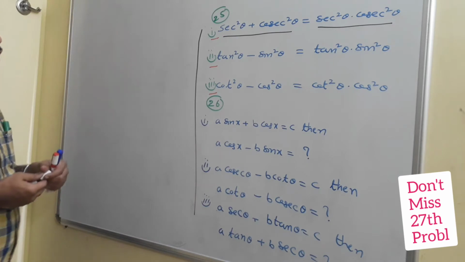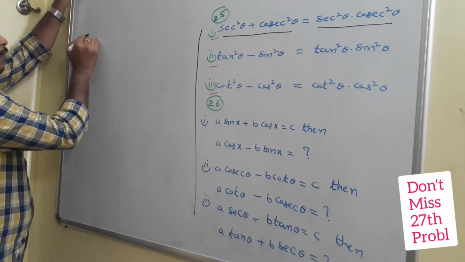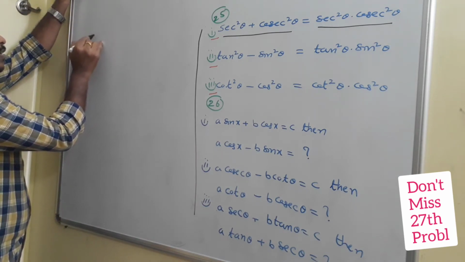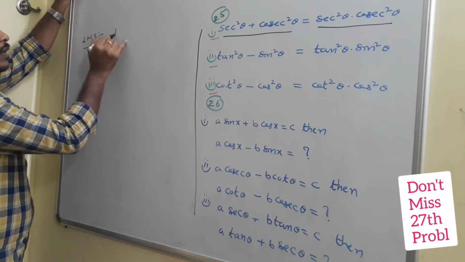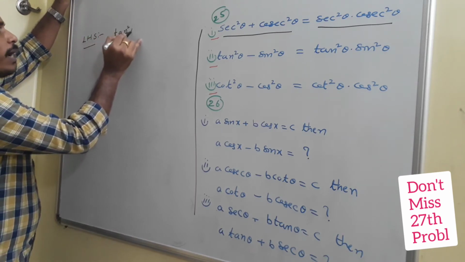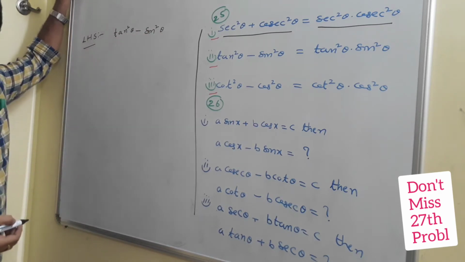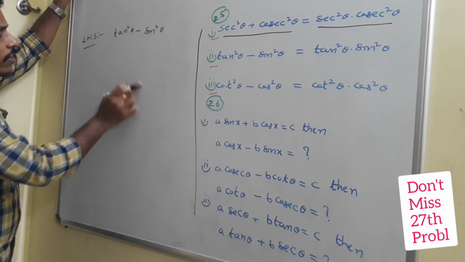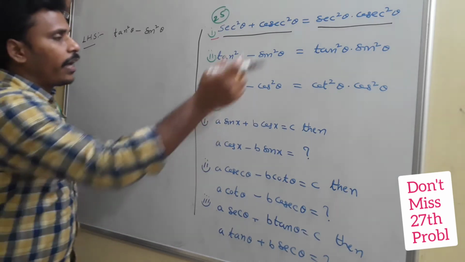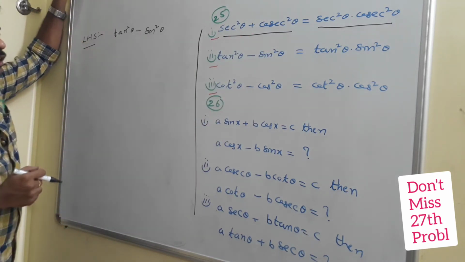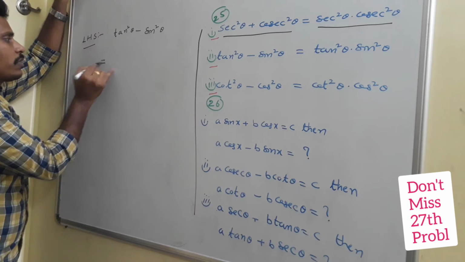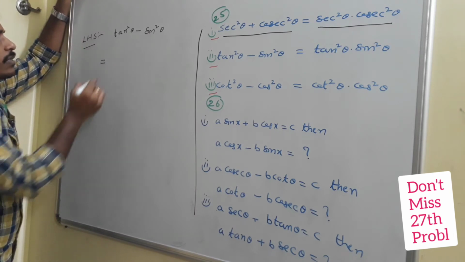Okay, so first of all, look here. See the second part of 25. I am starting with the left hand side, and my left hand side here is tan square theta minus sin square theta. Now, at the end, after certain rearrangement using the identities, I need to reach tan square theta into sin square theta. So this is equal to tan square theta minus sin square theta.